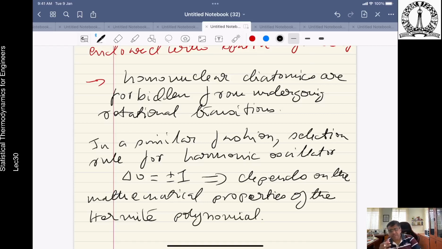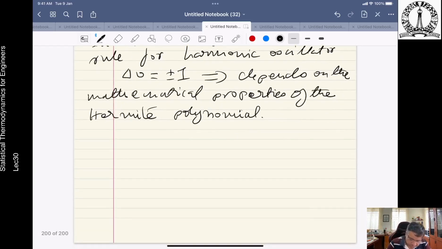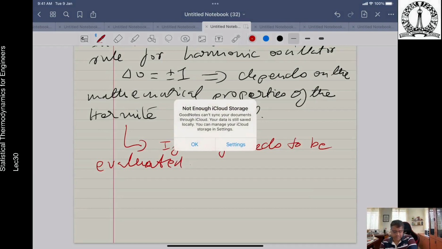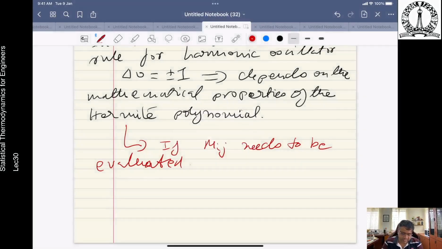This depends on the mathematical properties of the Hermite polynomial. If Mij needs to be evaluated for such polynomials, you expand the dipole moment in a Taylor series about the equilibrium nuclear separation.